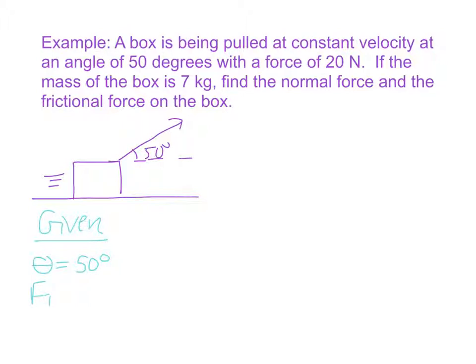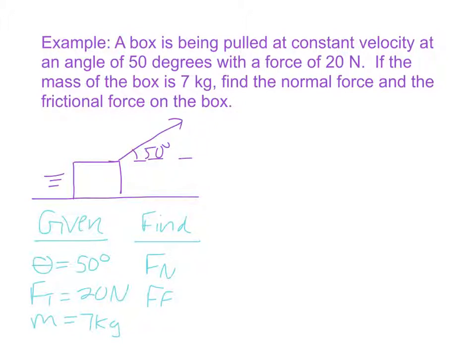If we're assuming it's a rope pulling the box, we'll call that a tension force of 20 newtons, and mass of the box is 7 kilograms. We're looking for the same two things as the previous problem: normal force and frictional force on the box.